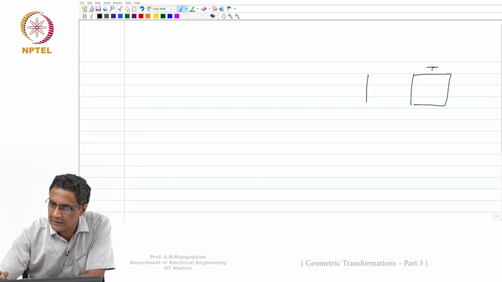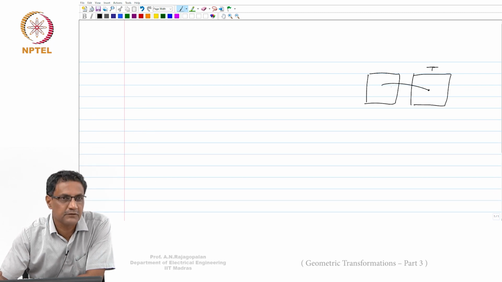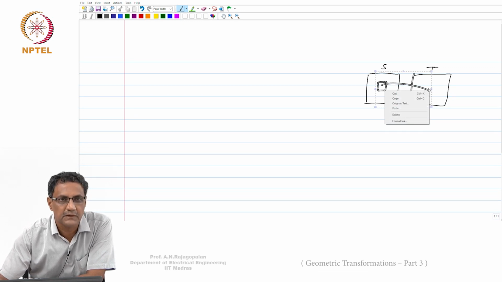Instead of going from source to target, you are picking a coordinate here, which is an integer location. You are applying the inverse transform, and then you are landing somewhere here in the source, for which you are using, let's say, the immediate 4 neighbors if you are doing a bilinear interpolation. Whatever intensity you get by this weighted averaging gets assigned here to this location, to the target.